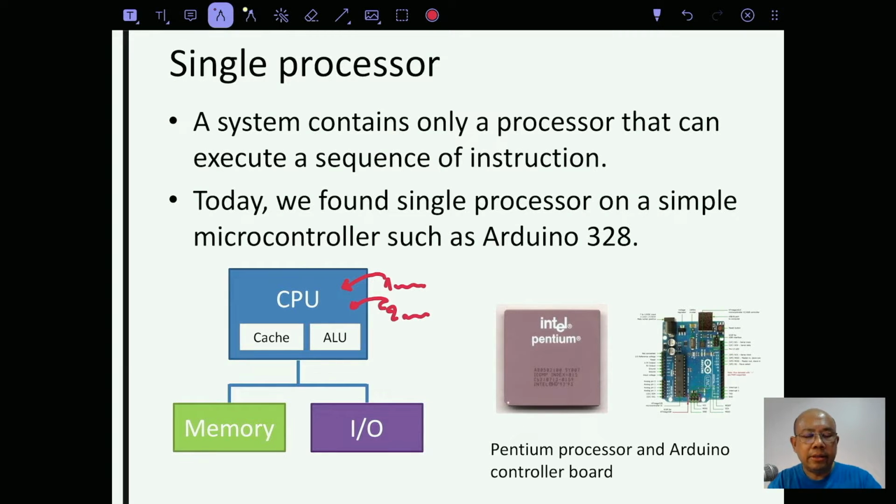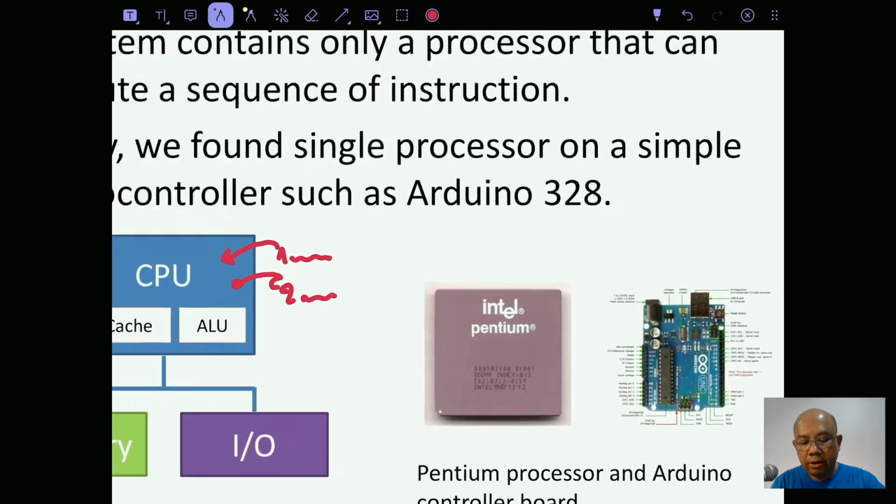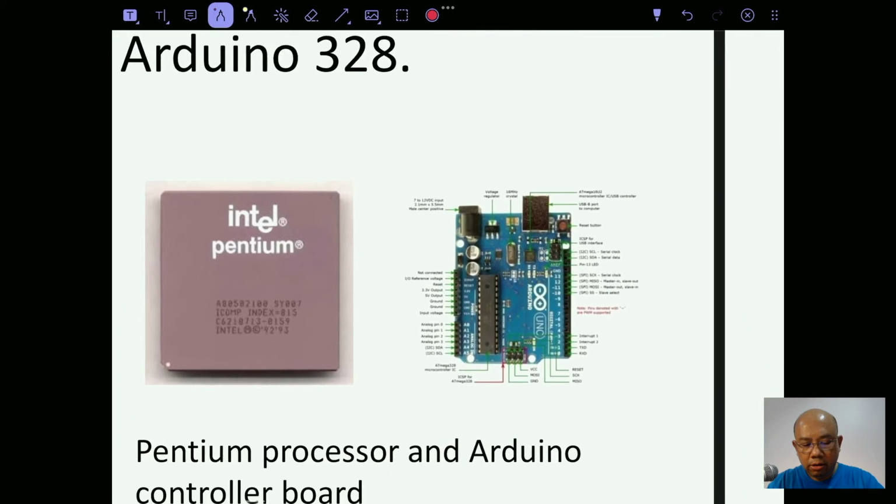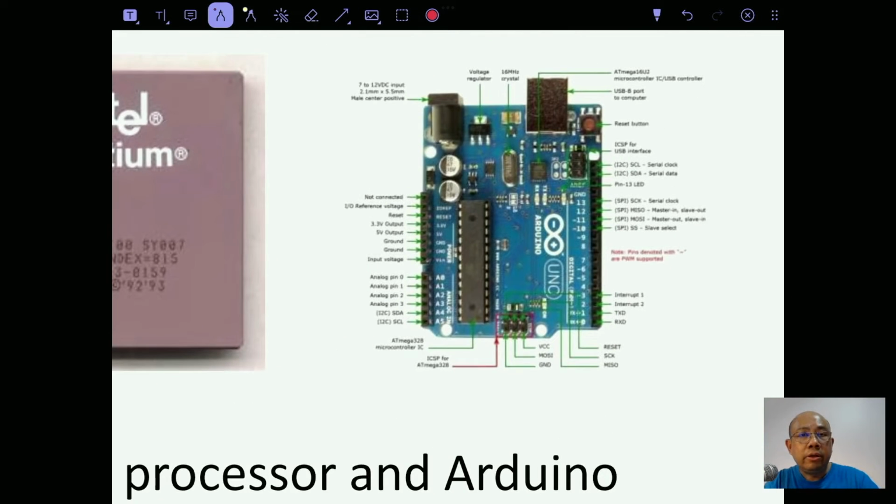You find a single processor on microcontrollers today. For example, here in Arduino. Arduino is a microprocessor that has only a single processor. You run each command from line 1 until the end line.